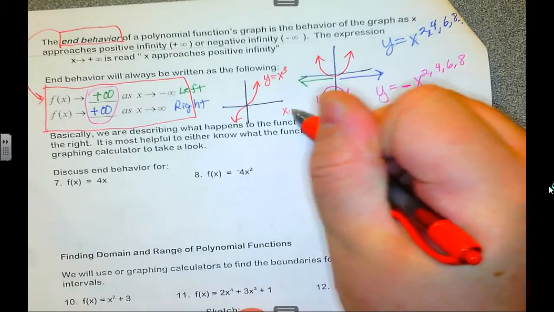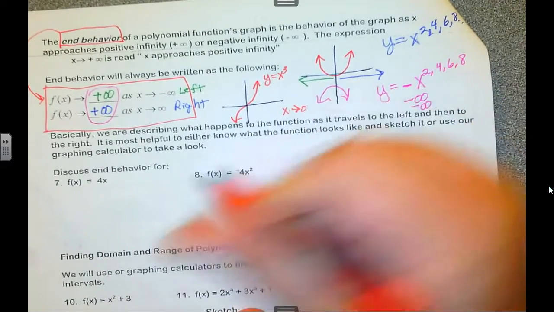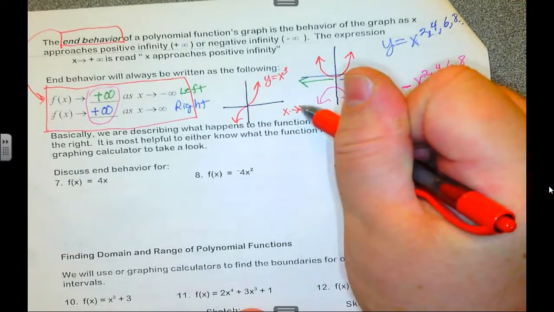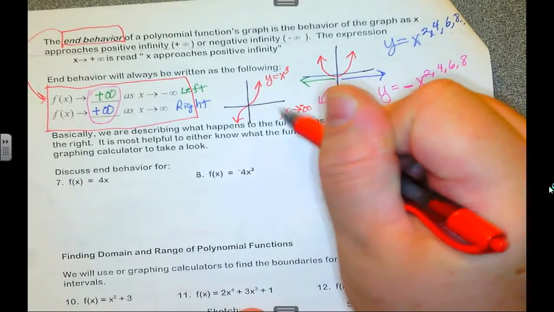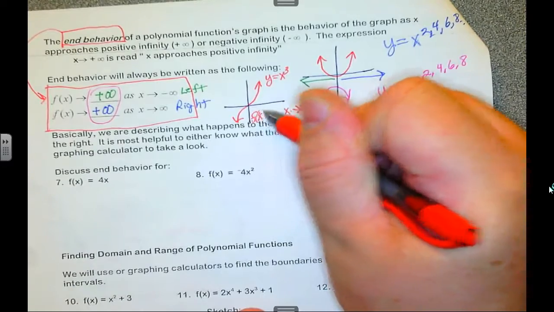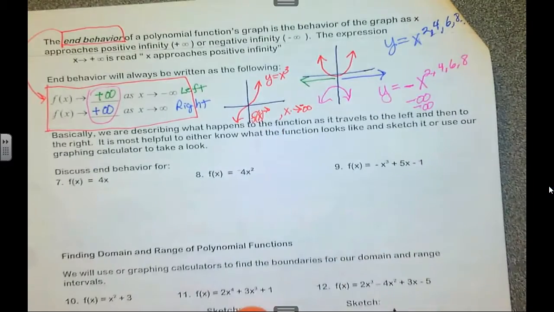So as x goes to the left, negative infinity, the f of x, or y, approaches what?